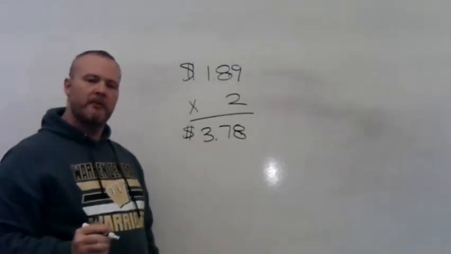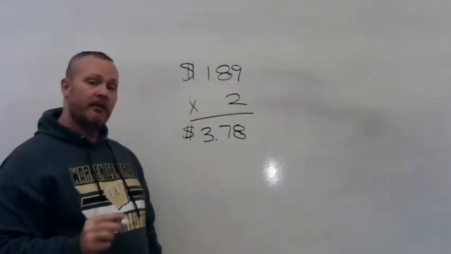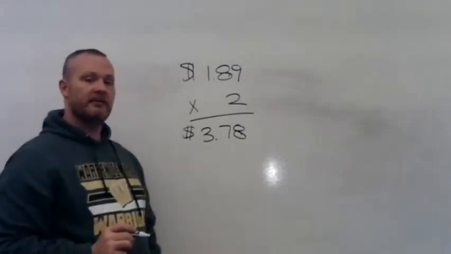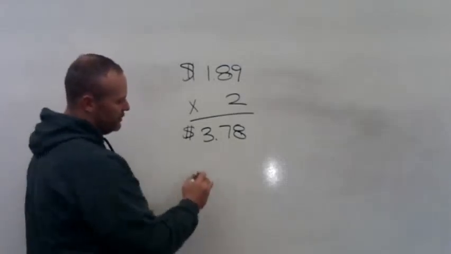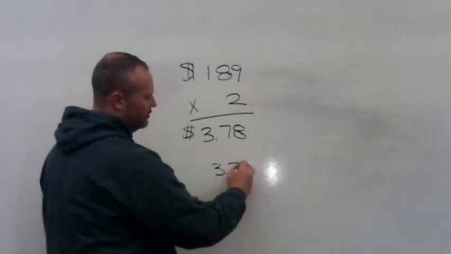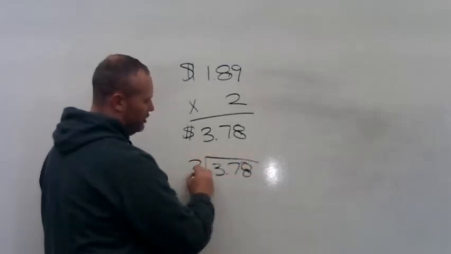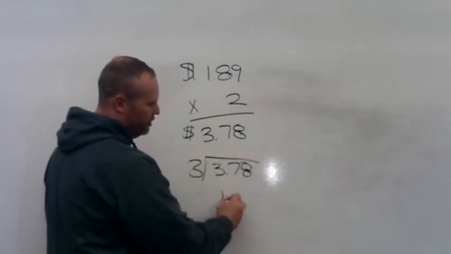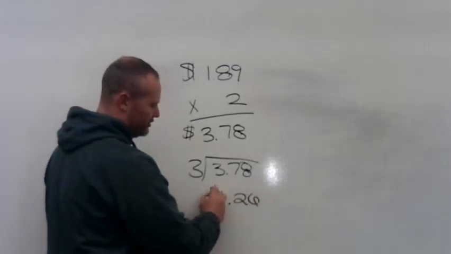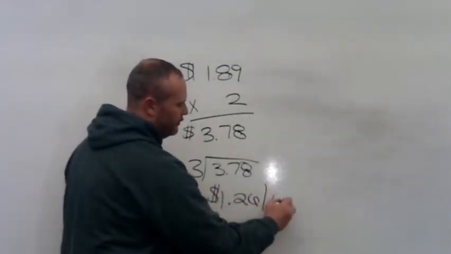However, please remember that we are actually getting 3 for that price. So we will need to take this 378 divided by 3 leaves you with $1.26 per loaf.